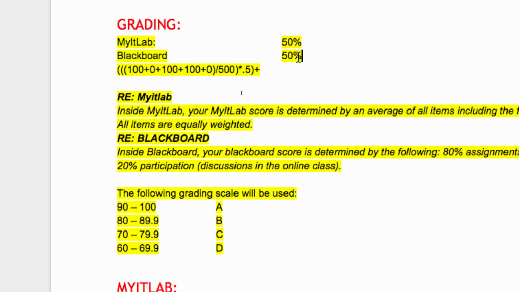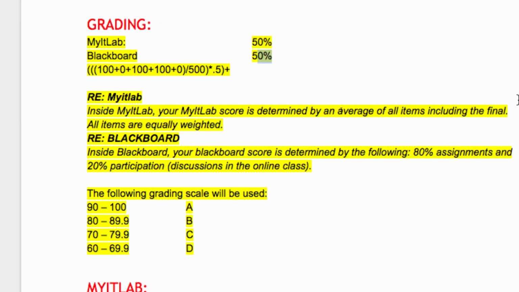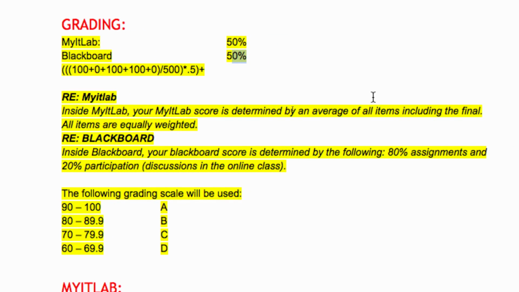And then I do the same thing over here with Blackboard. Inside Blackboard, your Blackboard score is determined by 80% assignments and 20% participation. So I'd have a little bit more of a complicated formula. It's all going to ultimately be multiplied by 0.5 because it's half my grade. And then what's going to be multiplied by 0.5? Two things added together.